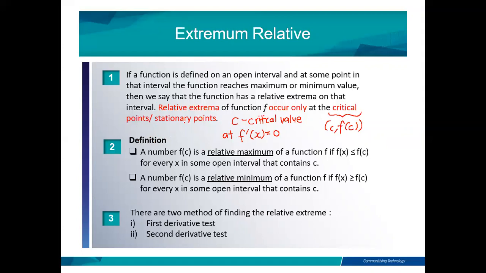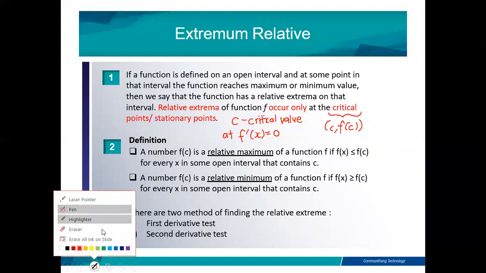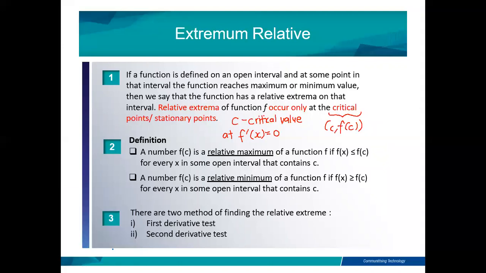For relative extrema, we have two types.